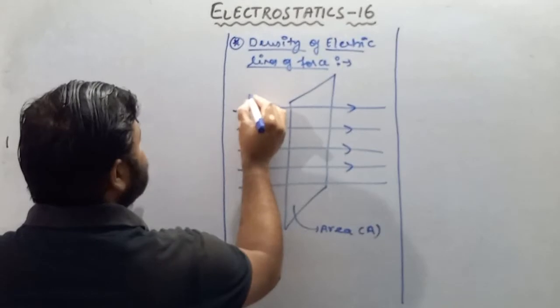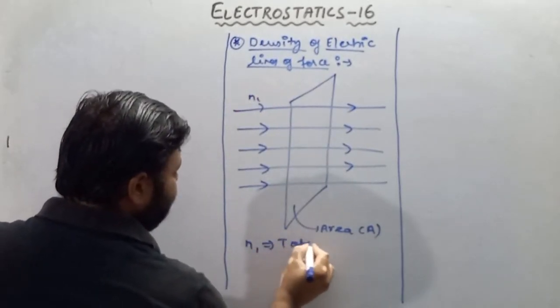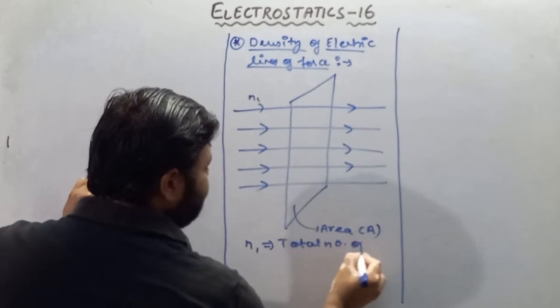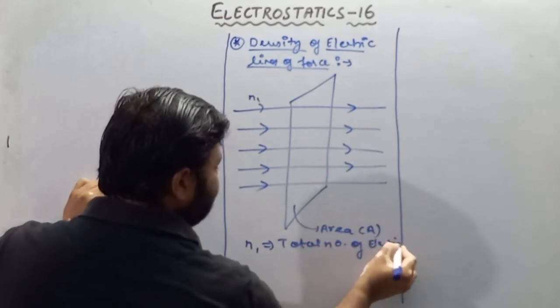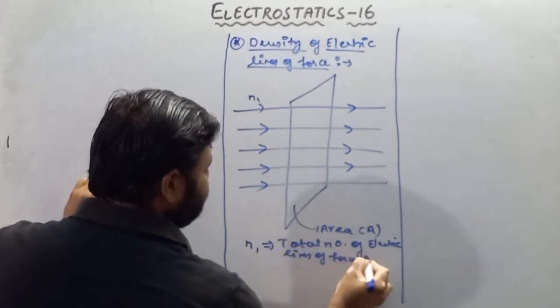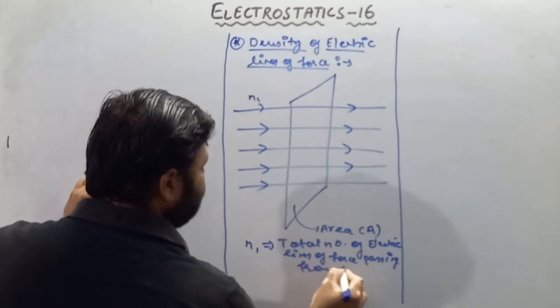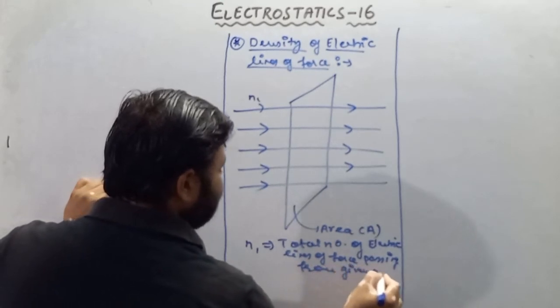Let N1 be the total number of electric lines of force passing through the given area.